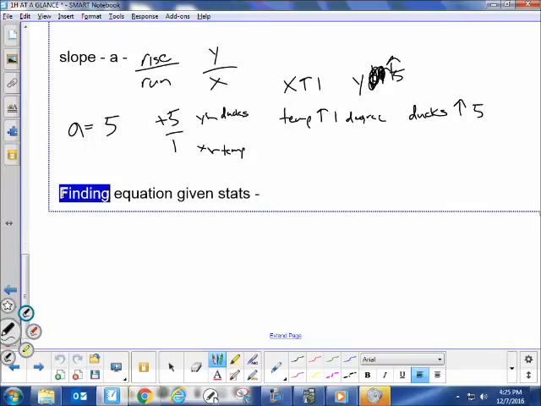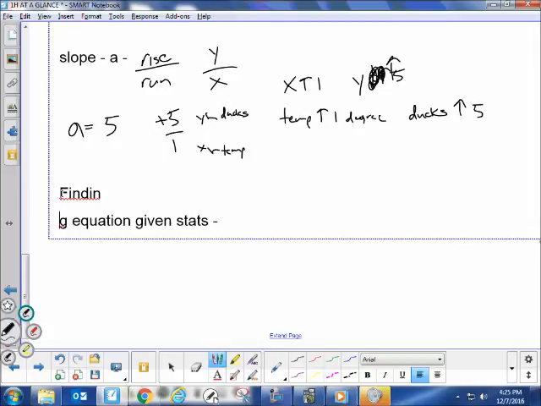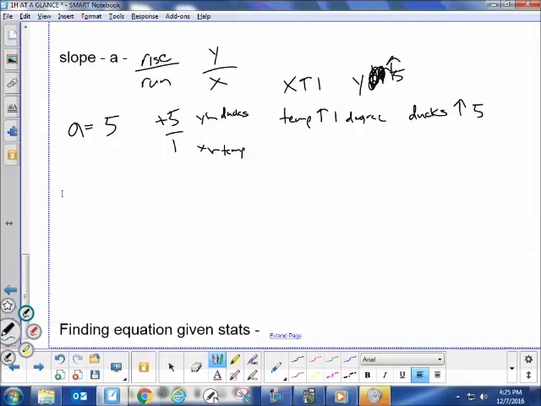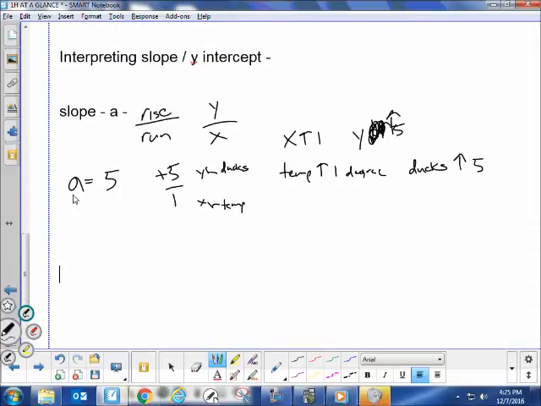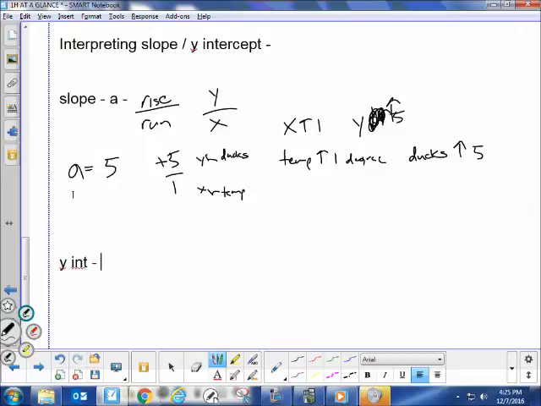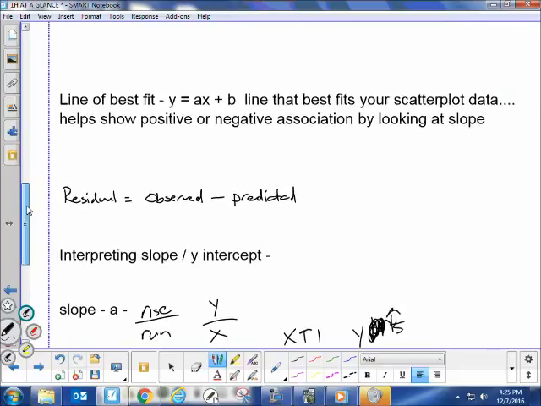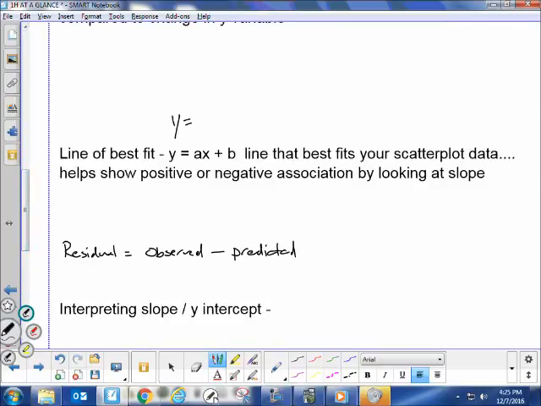The slope is the A. We also have to talk about the y-intercept. The y-intercept is the B. The B occurs when x is 0. So if we look at this situation, let's say my line of best fit for the ducks was y equals 5x plus 2.